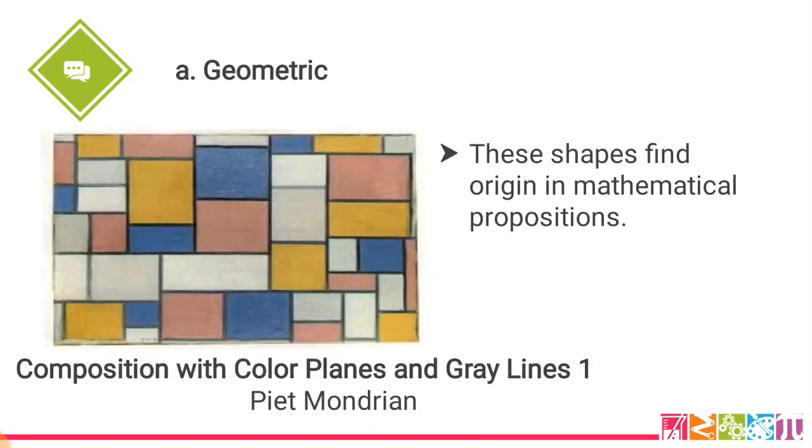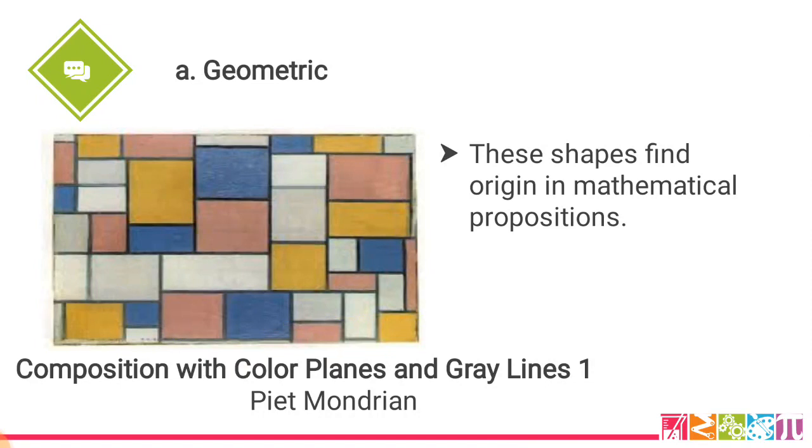So we have geometric. So ano ba tong mga geometric shapes? So these shapes are, for example, squares, triangles, cubes, circles, and of course, the 3D versions of those, we have the pyramid, sphere, di ba?